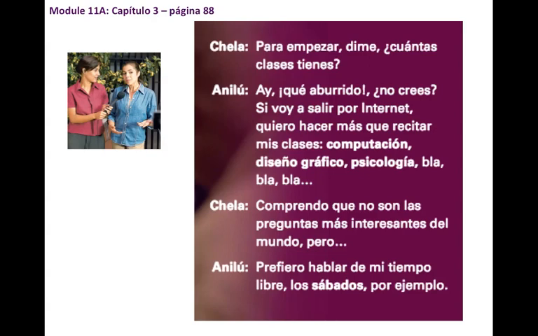So Chela, who is giving the entrevista, then says, comprendo que no son las preguntas más interesantes del mundo, pero... And then Anilu says, yo prefiero hablar de mi tiempo libre, los sábados, por ejemplo. So you can kind of get the gist of the idea. Chela wants to give a certain type of interview, entrevista, and Anilu thinks otherwise.